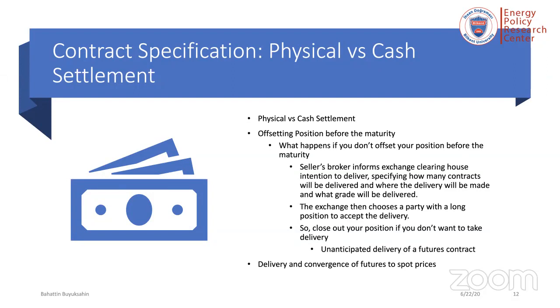What happens if you don't offset your position before the maturity? This is, of course, exchange determined, but the seller's broker informs the exchange clearinghouse of the intention to deliver, specifying how many contracts will be delivered, where the delivery will be made, and what grade will be delivered.